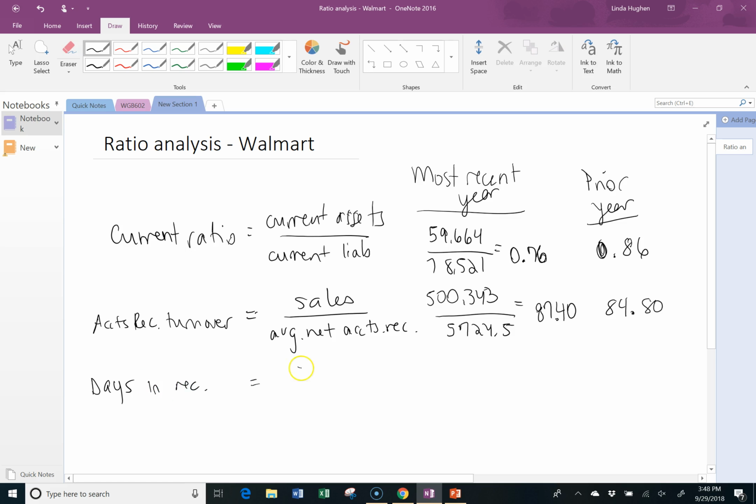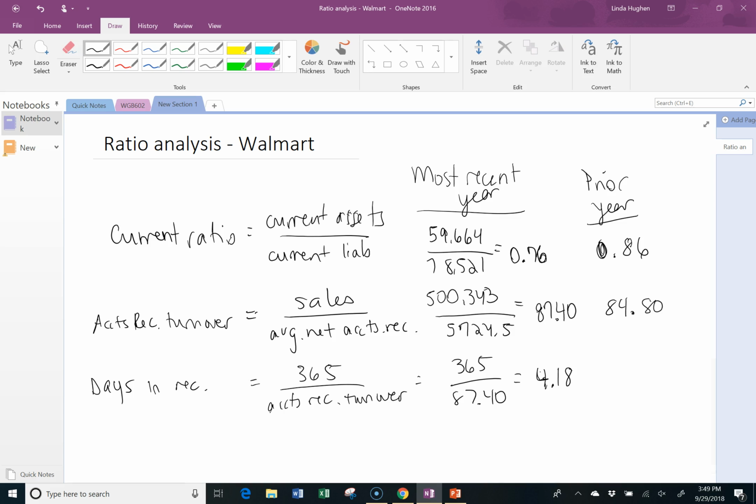Days in receivables is just a manipulation of the accounts receivable turnover. We take 365, the number of days in our sales period, divide it by the accounts receivable turnover. And this works out to be 4.18. So we can interpret this as, on average, it takes Walmart 4 days to collect their receivables, not very long.